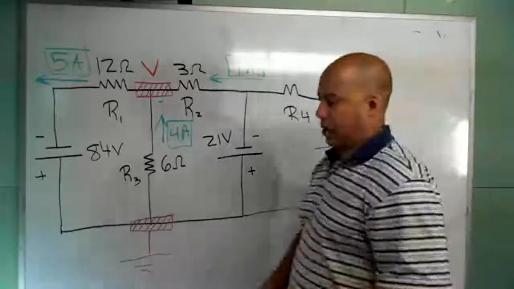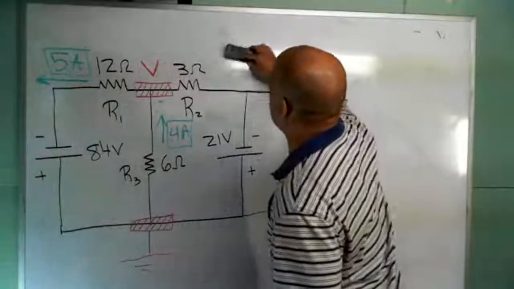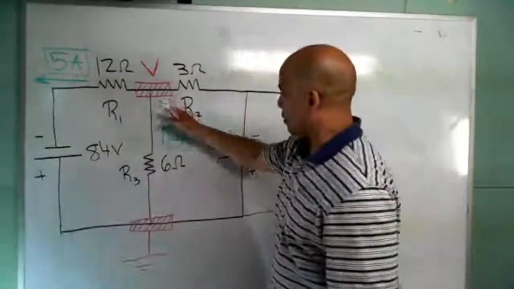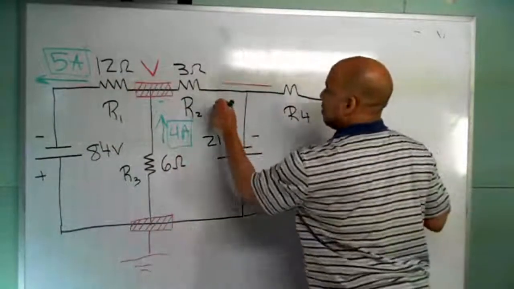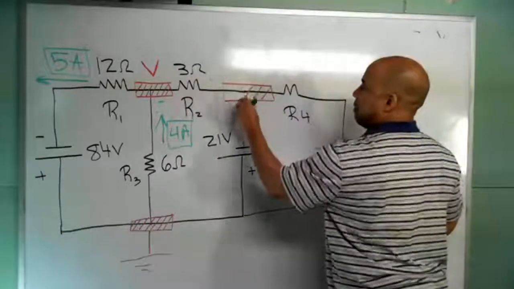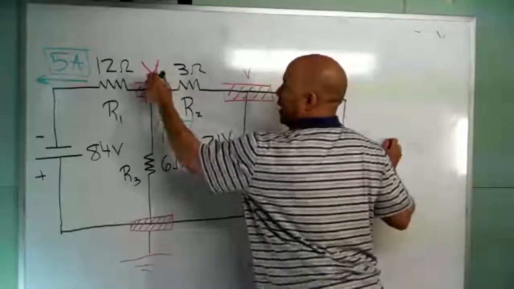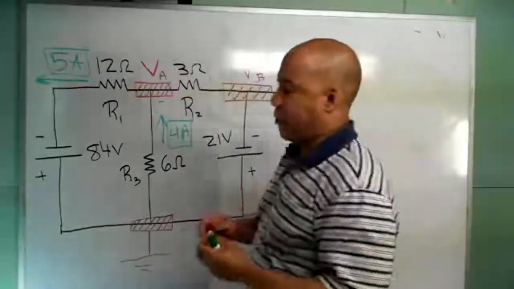Okay, so if I have something like that, then what will happen is now you got 3 nodes. You got this node, you got my reference, and I got another node right here. So I can't call it V, so maybe I'll call this one VA and this one VB. But it works the same way.